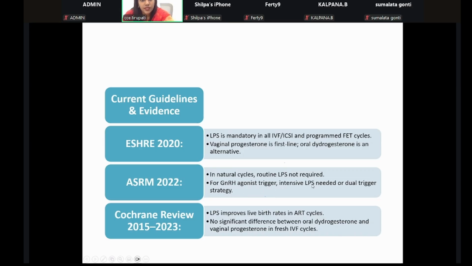With agonist trigger, intensive LPS is needed, or we can even give a dual trigger because HCG rescues the corpus luteum. According to Cochrane, LPS improves live birth rate in ART cycles. Between different routes of progesterone, there is not much difference between oral dydrogesterone and vaginal progesterone.